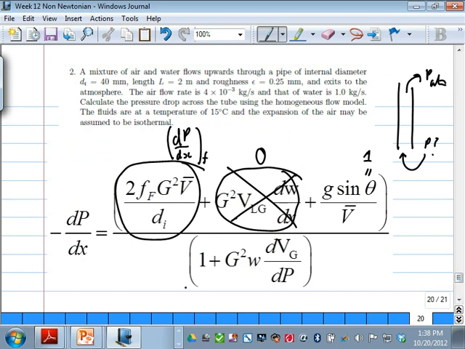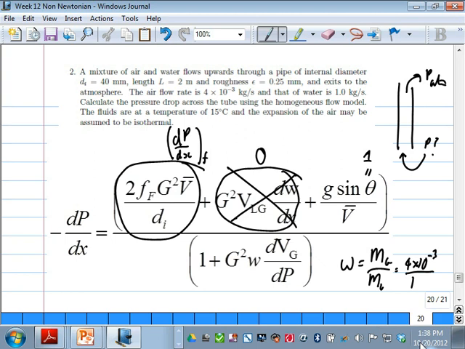Omega is equal to mg over ml, which is 0.4 times 10 to the minus 3 over 1.